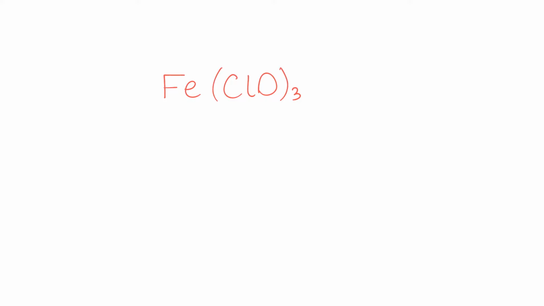Okay, so I'm giving you this, and I want you to name it. Fe is iron. Then I can see here that I have more than one atom, which means I need to look on my polyatomic ion sheet. I'm going to go find ClO3, and I believe you will find that this is chlorate.